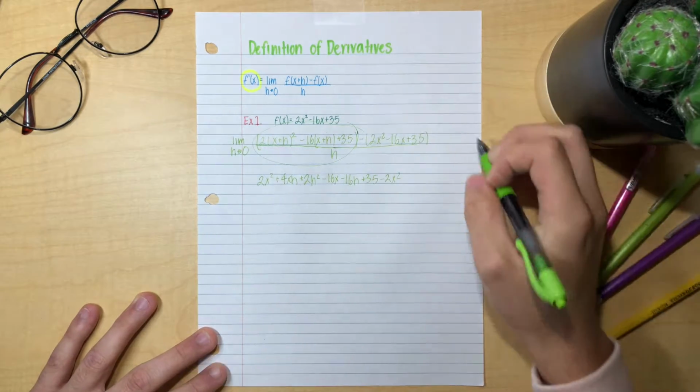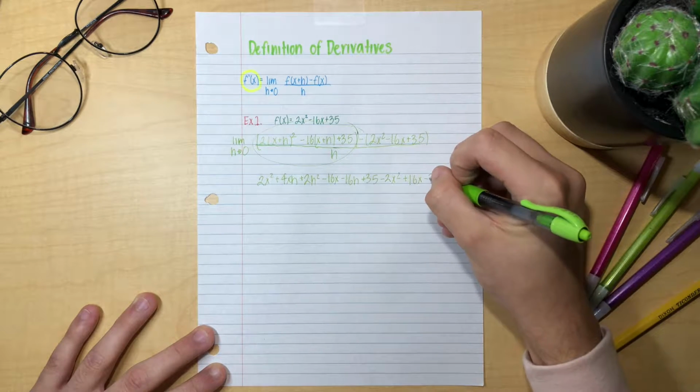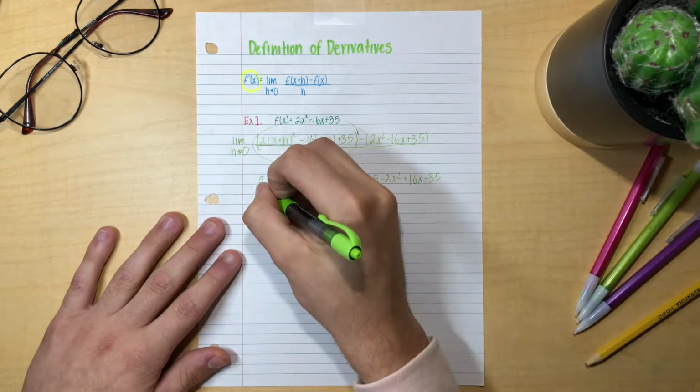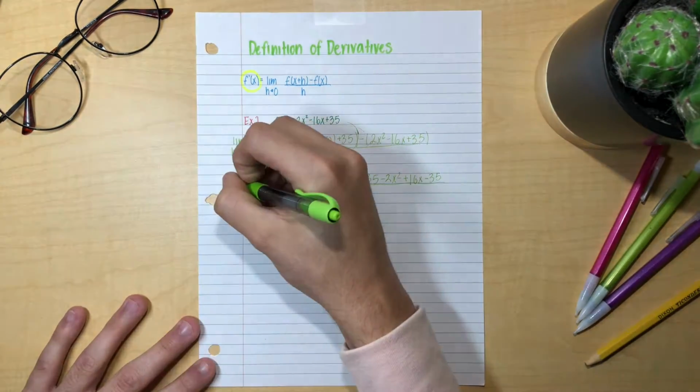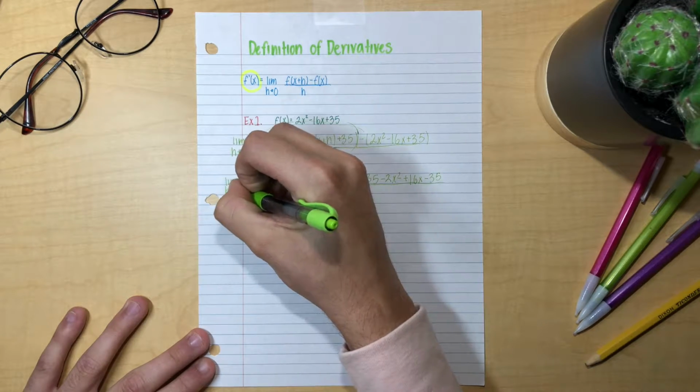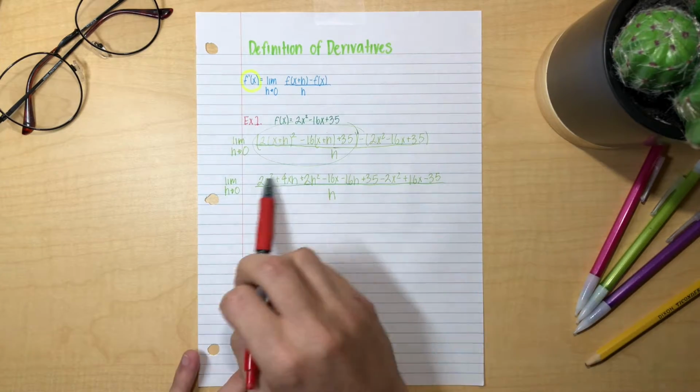Remember, we're distributing the negative inside. Plus 16x minus 35 all over h. Also, don't forget your limit h approaches 0.